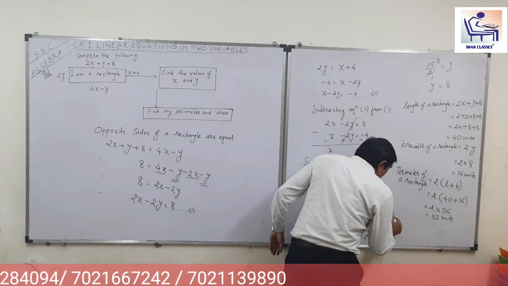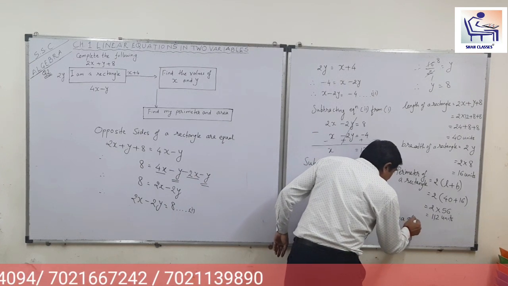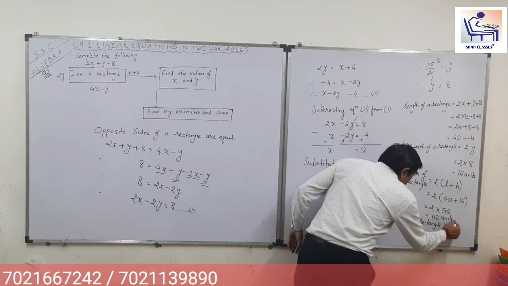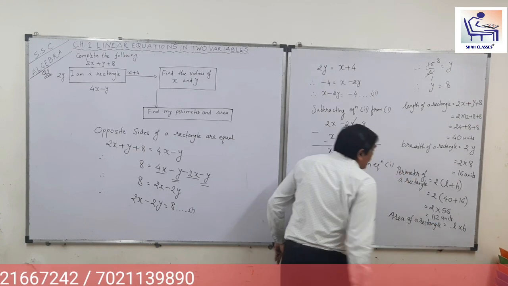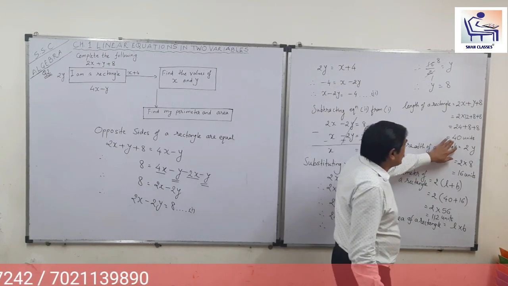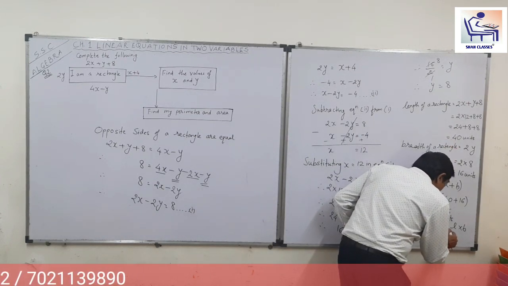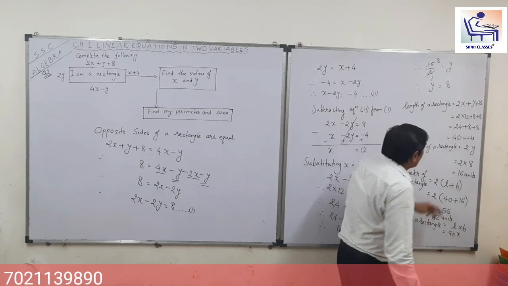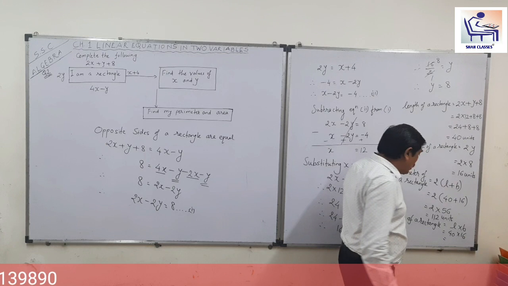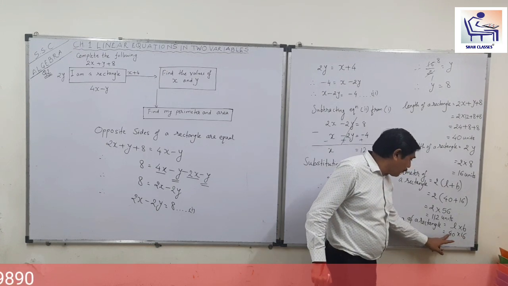So area of a rectangle is equal to length multiplied by breadth. So what is the value of this? Length 40 and breadth is 16. All of you know the table of 16. 16 fours are 64.